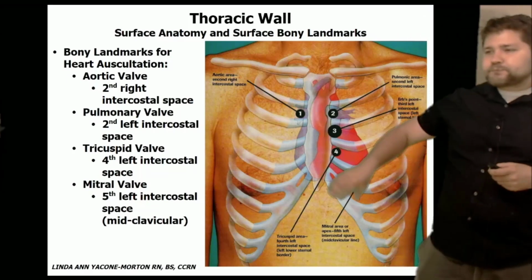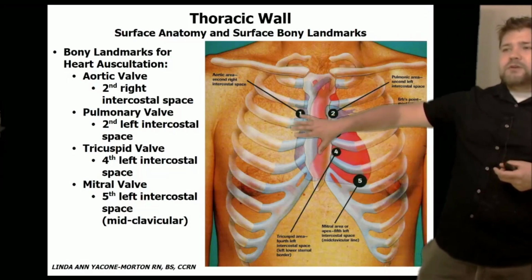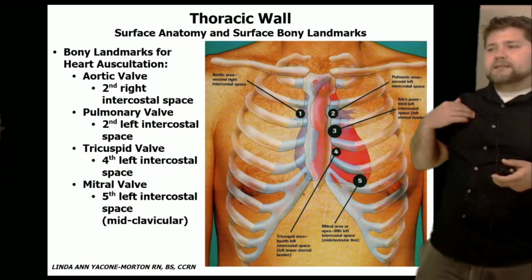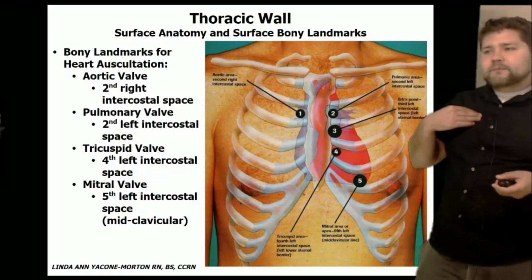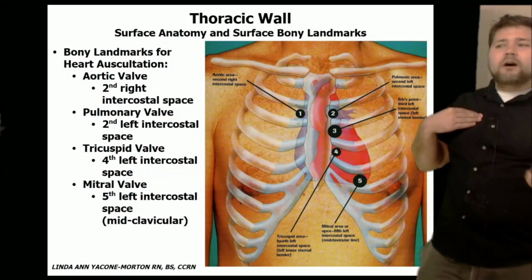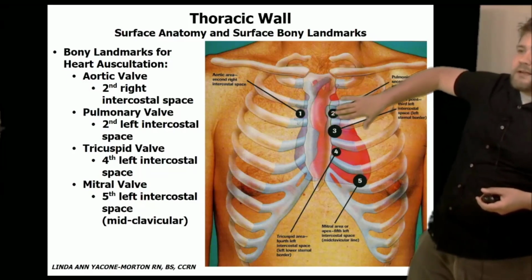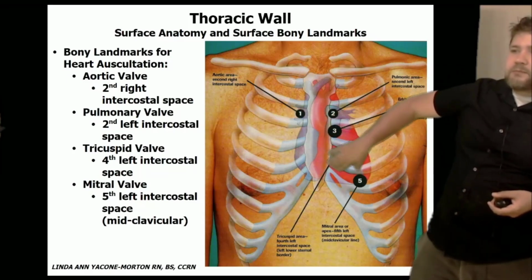Typically you can do the generic one, which is Erb's point, where they do it in the third intercostal space, and they should listen to all the heart's sounds, but you could singularly isolate each projection for each valve.